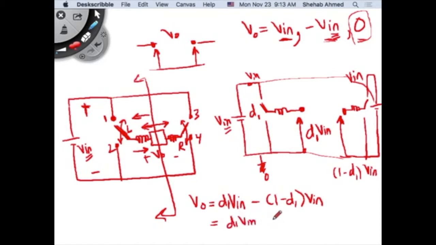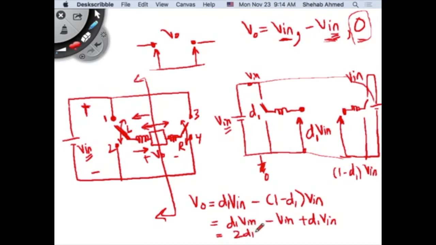D1 V input minus V input plus D1 V input, okay.